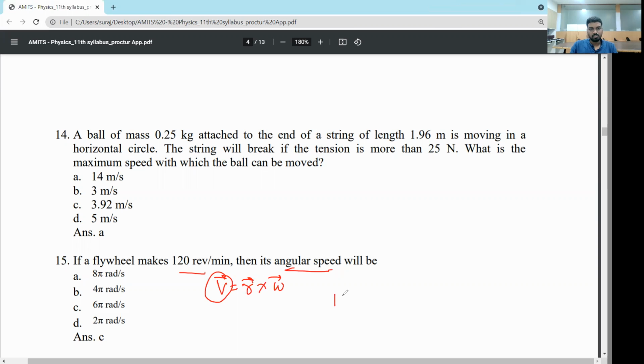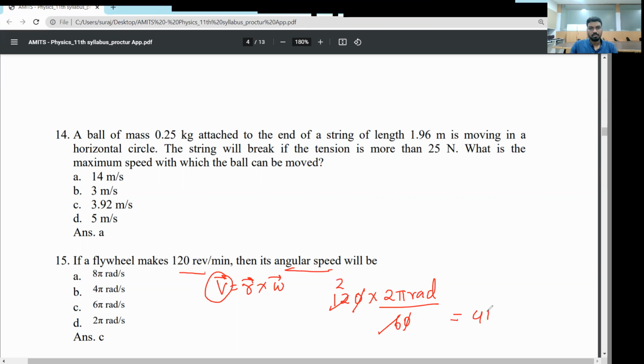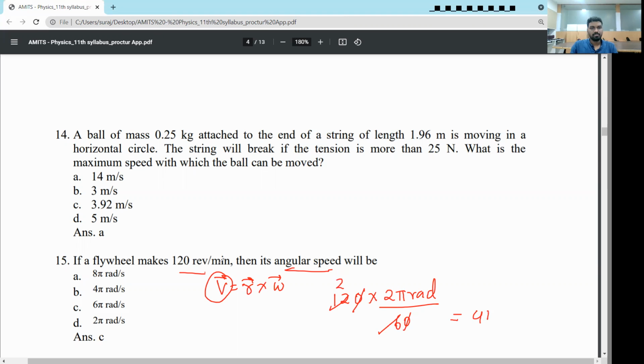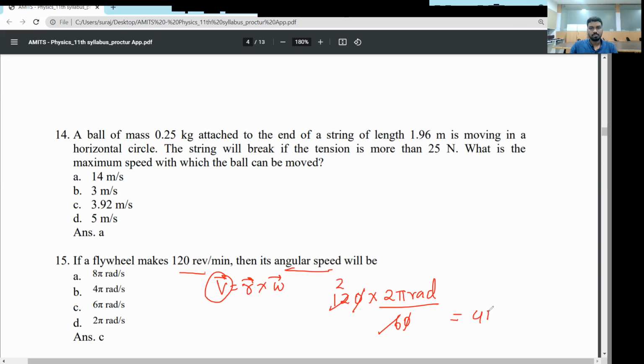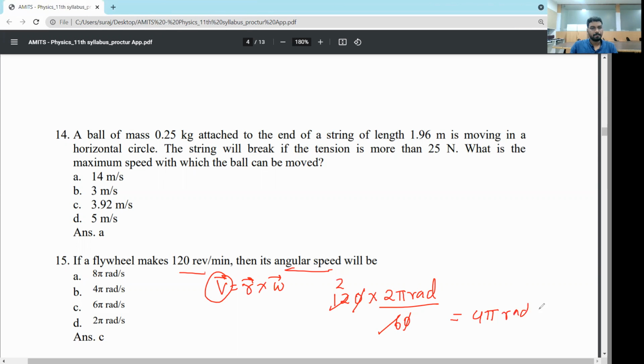You just need to convert. 120 revolutions is what? 2 pi radians per 1 minute, which is 60 seconds. 120 times 2 pi by 60 gives 4 pi radians per second. It should be B, not C. Next.